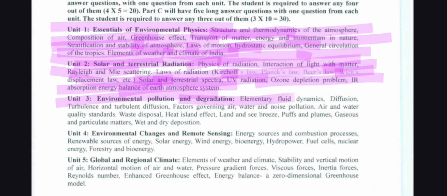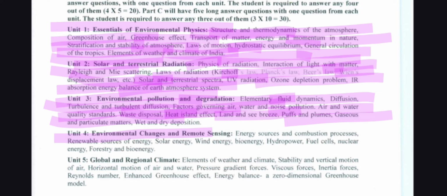Unit 3 is environmental pollution and degradation, elementary fluid dynamics, diffusion, turbulence and turbulent diffusion, factors governing air, water, noise pollution, air and water quality standards, water disposal, heat island effect, land and sea breeze, puffs and plumes, gases and particulate matter, wet and dry deposition.